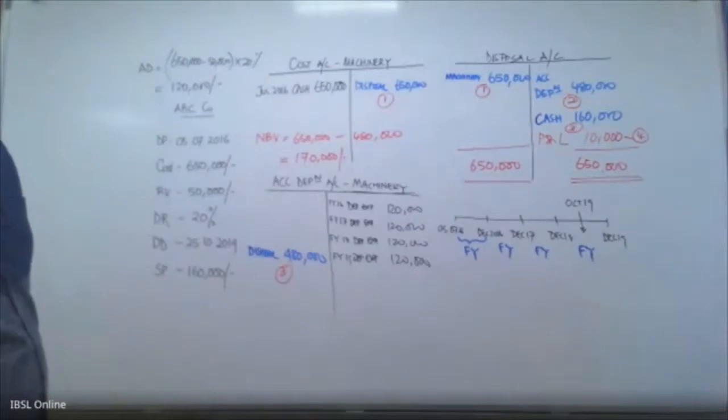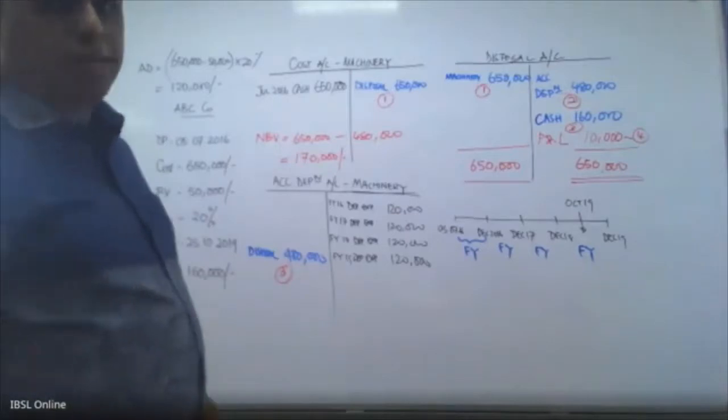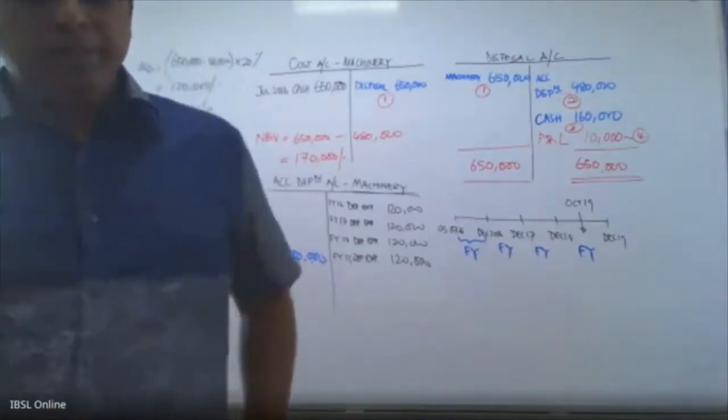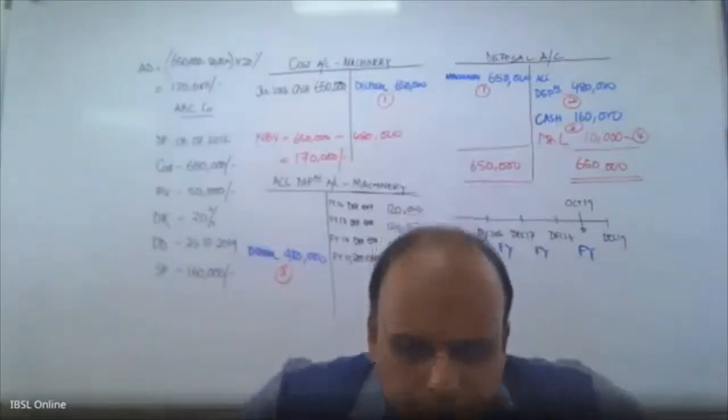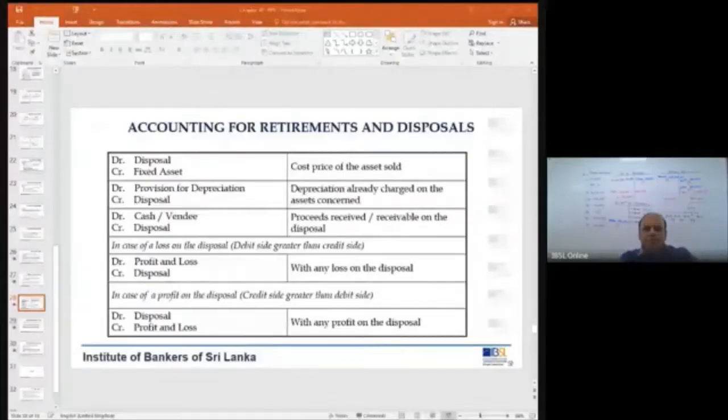Right. So let's get on to the next part. Accounting for retirements and disposals is done. What is left is the impairment of asset value, right?